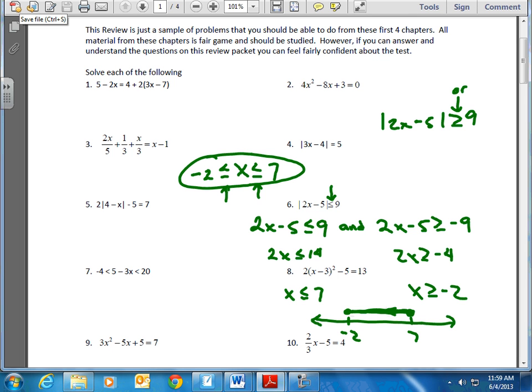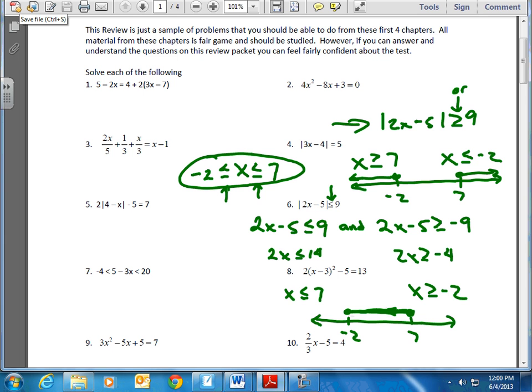Now, if I solve this as an or, I get this. X has to be greater than or equal to 7, or less than or equal to a negative 2. If I were to solve that inequality above, this is what I would get. X is greater than or equal to 7, or x is less than or equal to a negative 2. What does that look like on a number line? Here's a negative 2. I want everything less than or equal to a negative 2, and I want everything greater than or equal to 7.